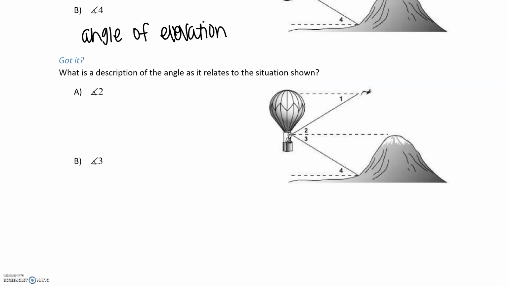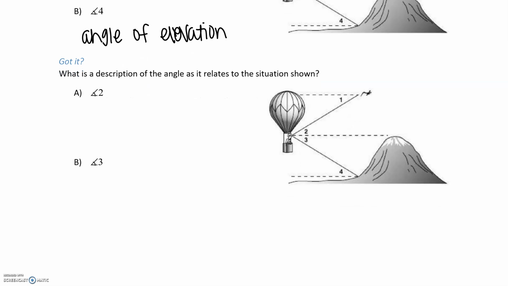Okay, let's go ahead and try to figure out angles 2 and 3. They both have the same sight line. Angle 2 has that angle moving up, so that is going to be an angle of elevation.